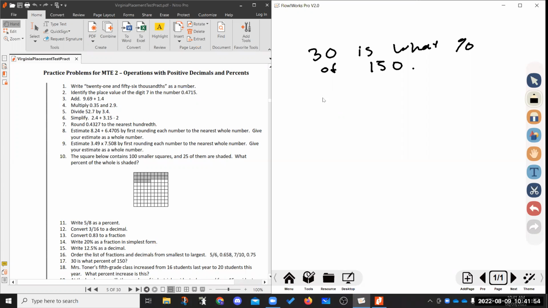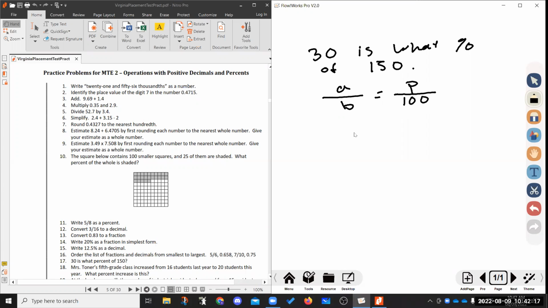So we're going to set up the proportion that says that the amount over the base, like that, is equal to the percentage over 100. So the question word is going to be my variable here.